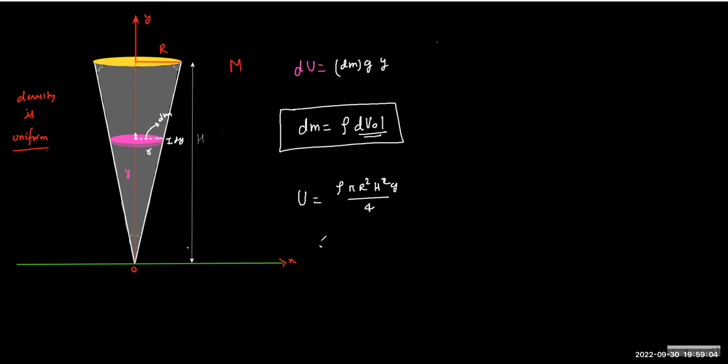And now what we can do is, density is defined as mass upon volume, and we know the volume of a cone, right? So once you substitute this, what will happen? Tell me the answer.